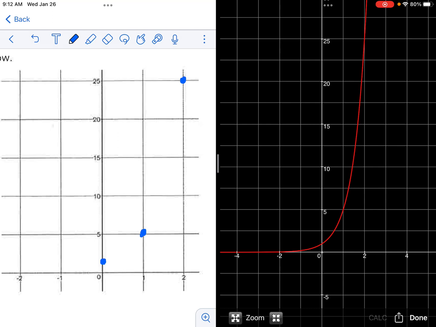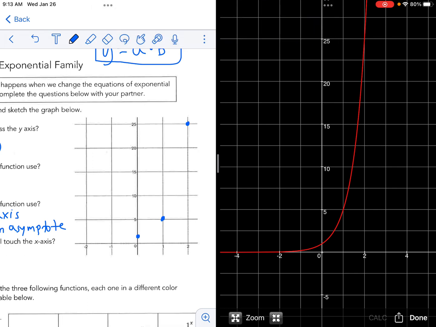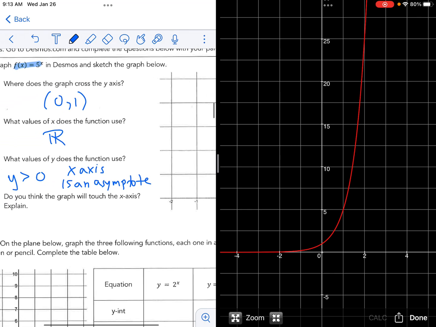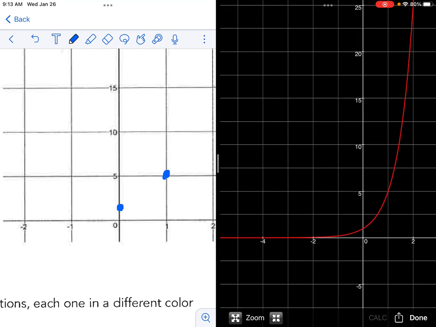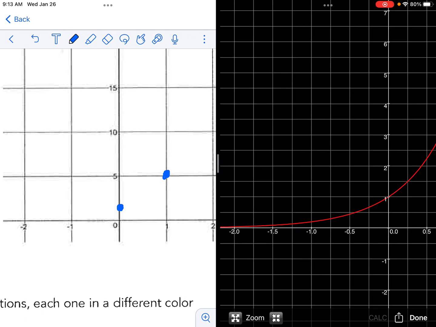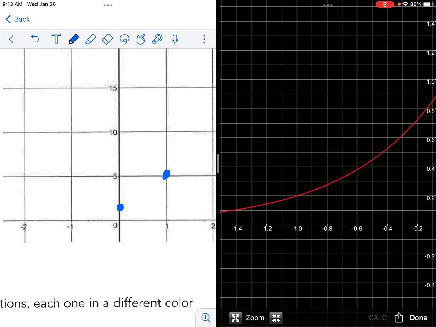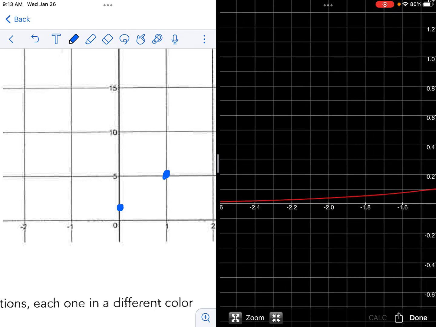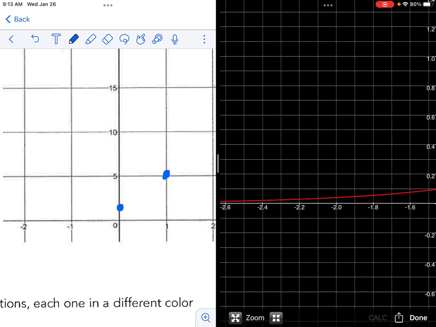So we have those points as we go into the first quadrant, and as we go into the second quadrant, you can see how it gets closer and closer to 0. If we really spread this out here, we can see that it gets closer and closer and closer to 0, but never quite touches 0.